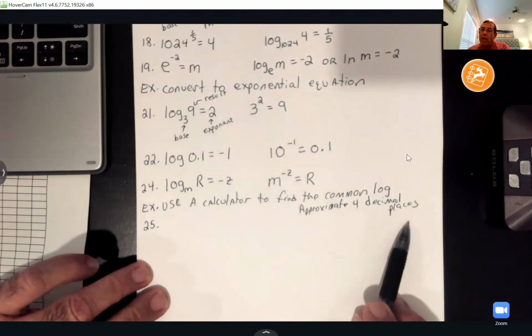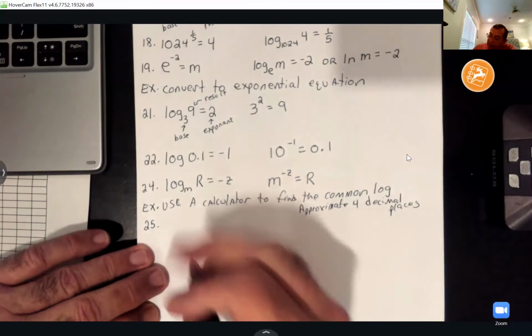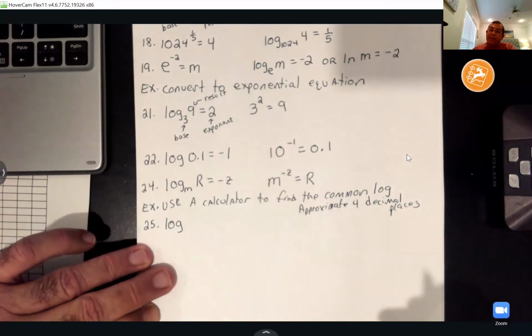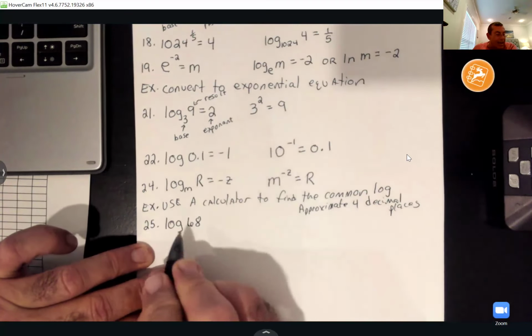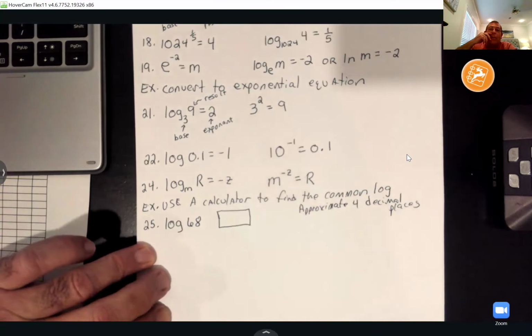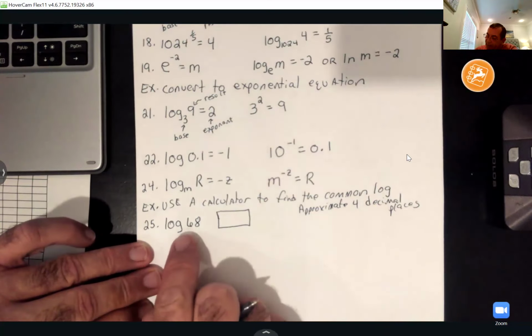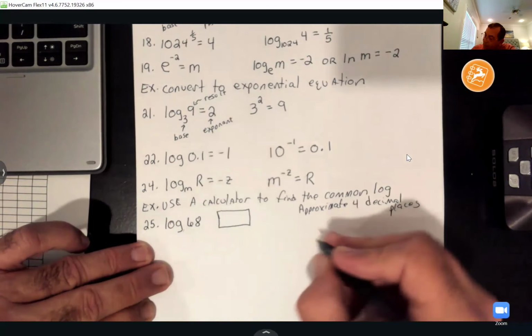If it's 4 or less, you're going to leave it what it was. So look at this. A log. Now remember, common logs are the base 10 logs. They got log of 68. Now, y'all, I'm going to show y'all something here, just to get you thinking a second. Remember, if they don't have a base here, we know that's a 10.